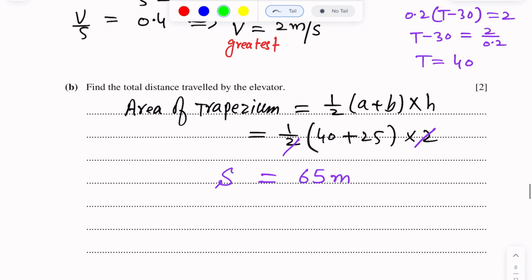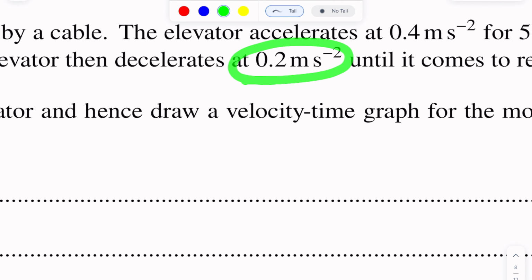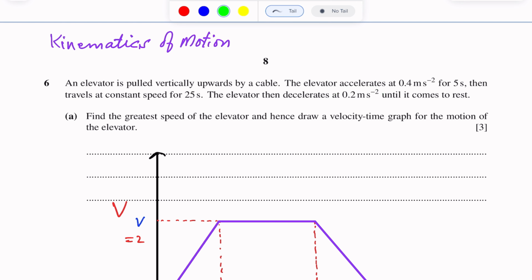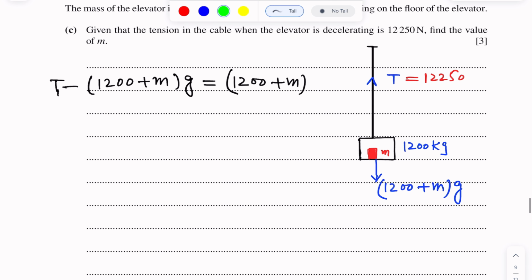Because it is decelerating, and deceleration is given in the start of the question. Deceleration is 0.2 meter per second square. So we will take its value negative, negative 0.2, because it is deceleration.